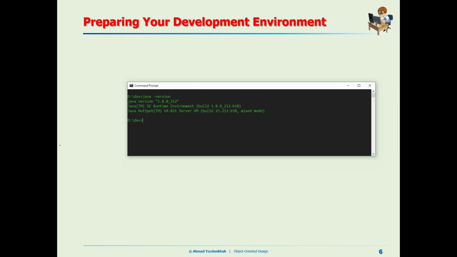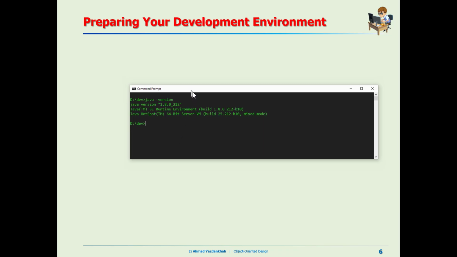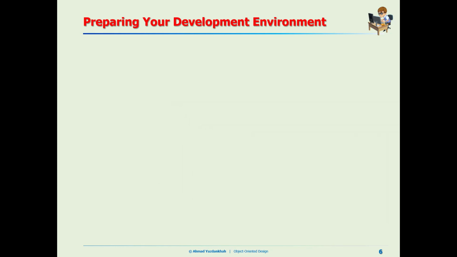One more time, if your Java is not 1.8 like this, you will get a lot of trouble. So if it is not 1.8, then you need to uninstall it completely and download a fresh Java 8, 1.8, from the Oracle website.